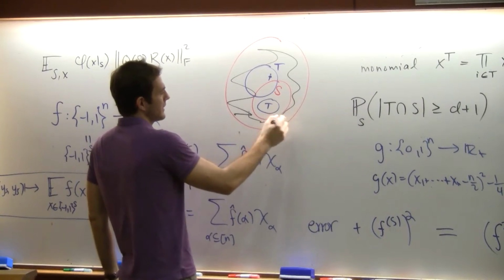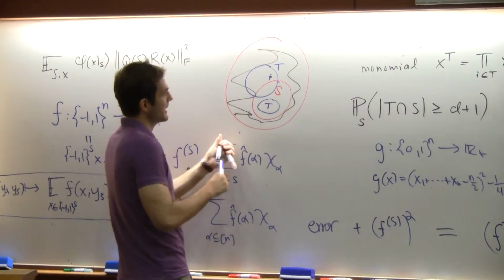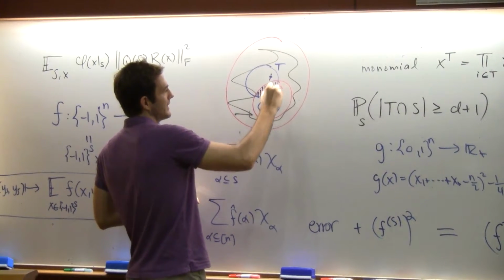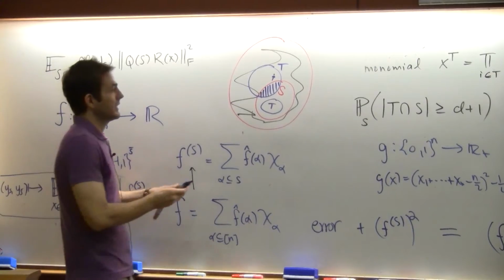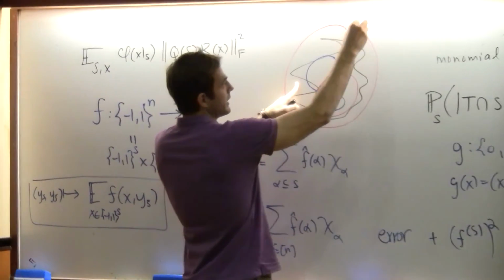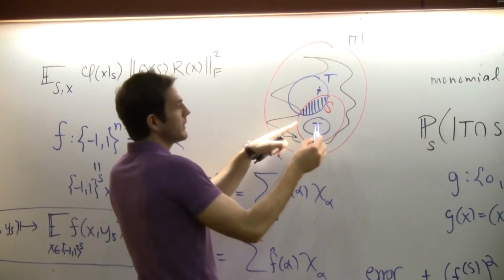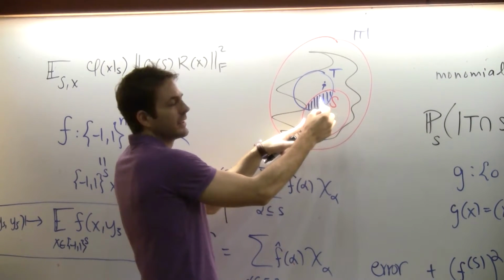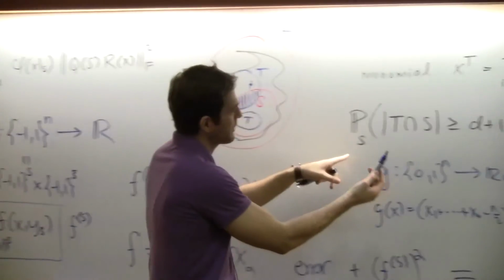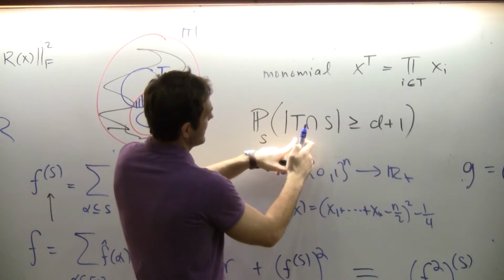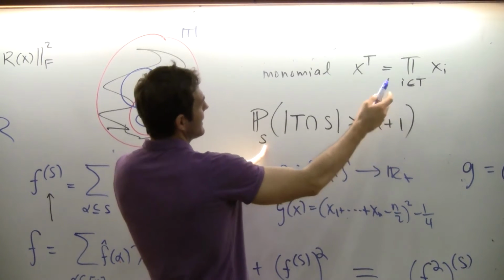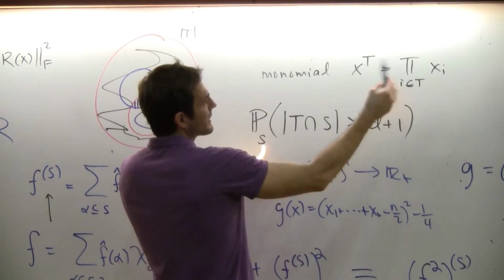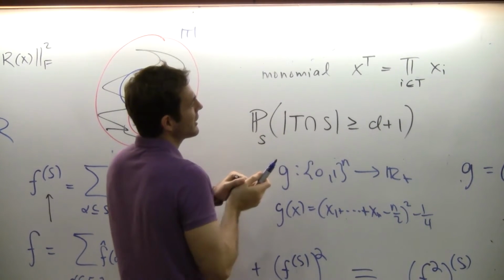Unfortunately, when you square, what the calculation is that what remains is some weight on the Fourier coefficient of S intersect T. So the point is that if you start with something of degree the size of T, afterwards you could have a term remaining which is of degree the size of T intersect S. This is a function of the square, which we're not going to get to see. So that's what this calculation is. It's sort of the probability this thing survives, except we're squaring, so it's not actually going to necessarily die off.